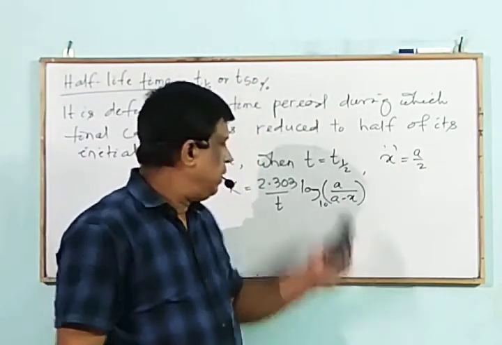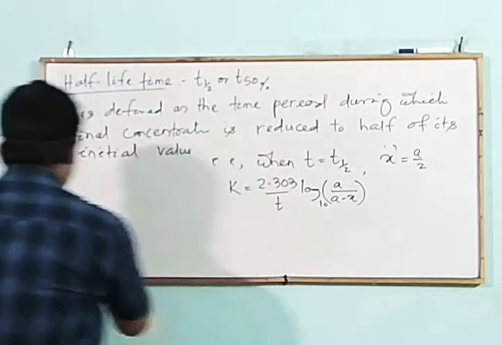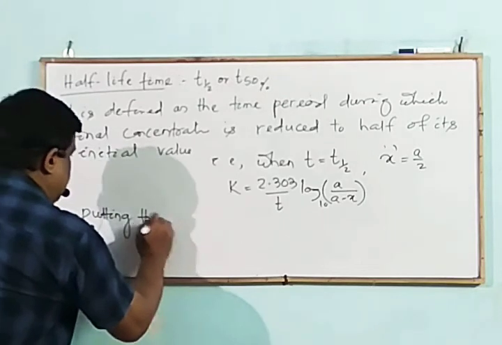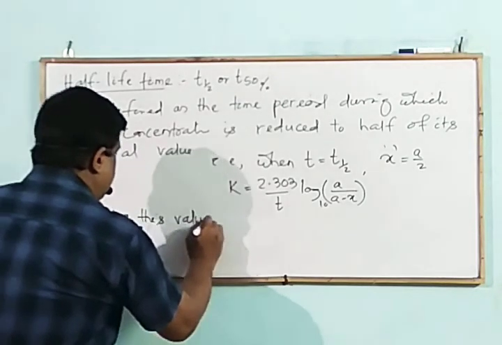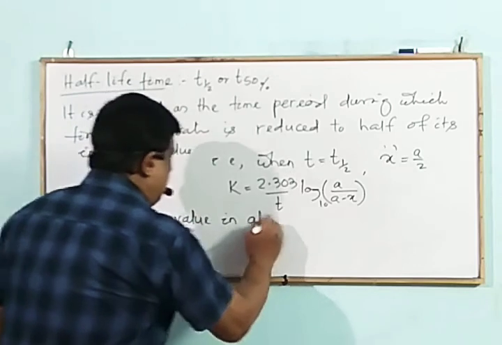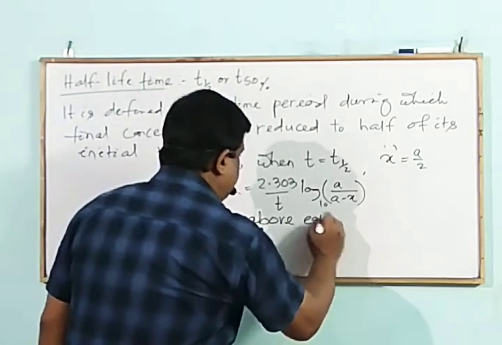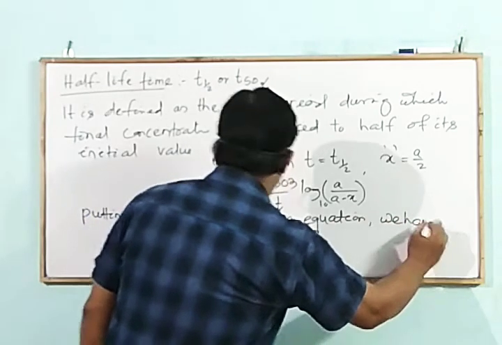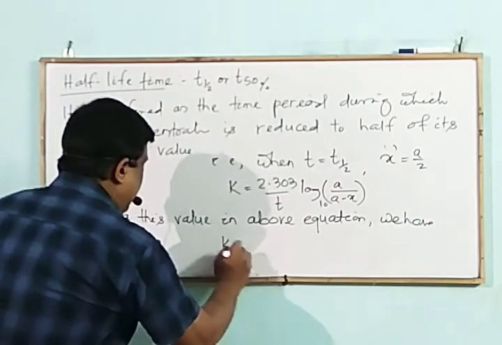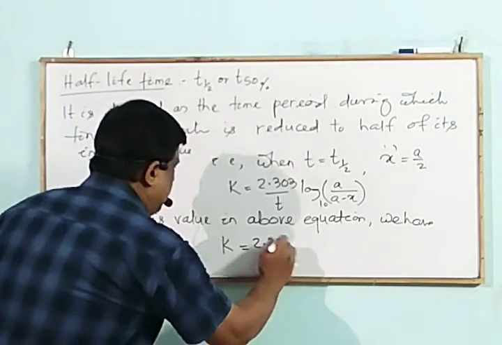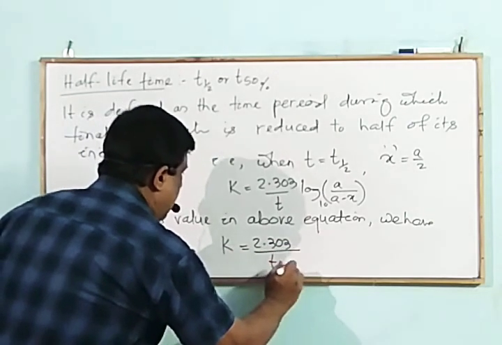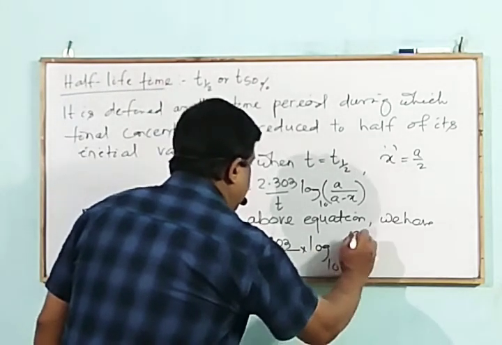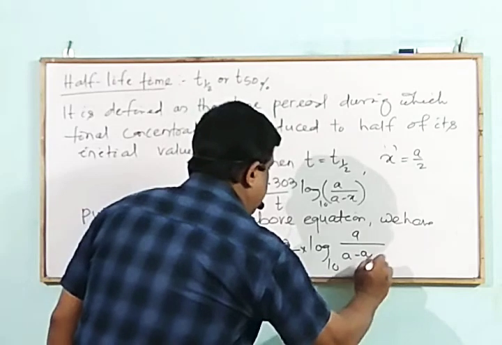So putting this value in the above equation, we have, mark that, k is equal to 2.303 by t half into log base 10 a by a minus a by 2.